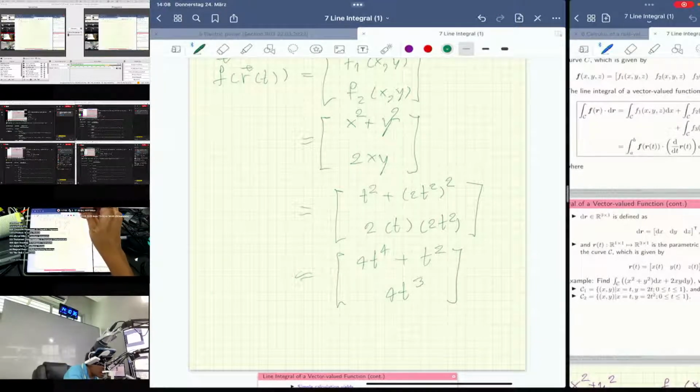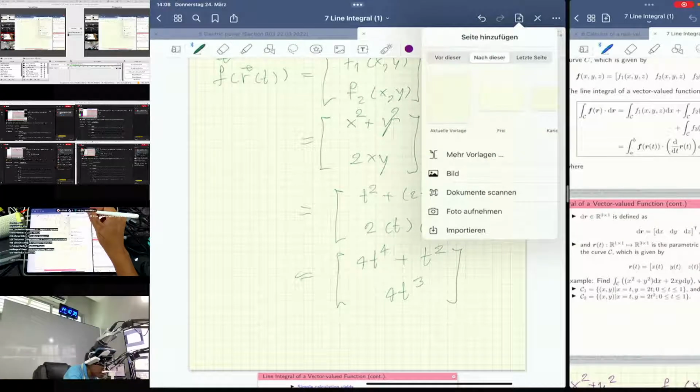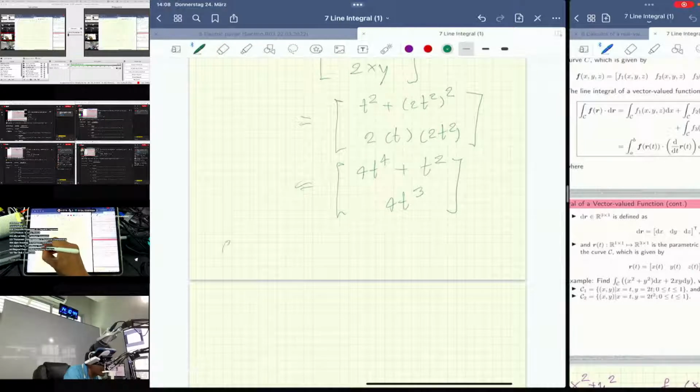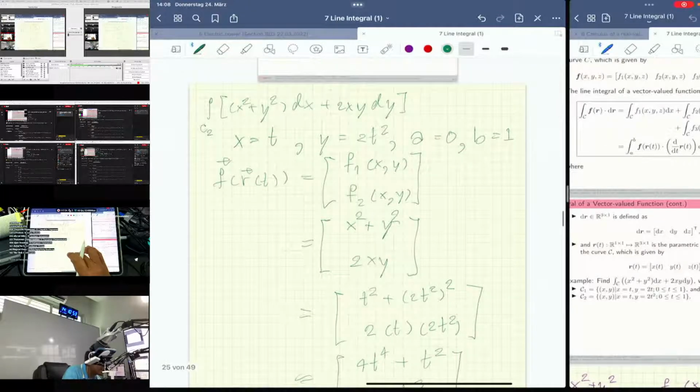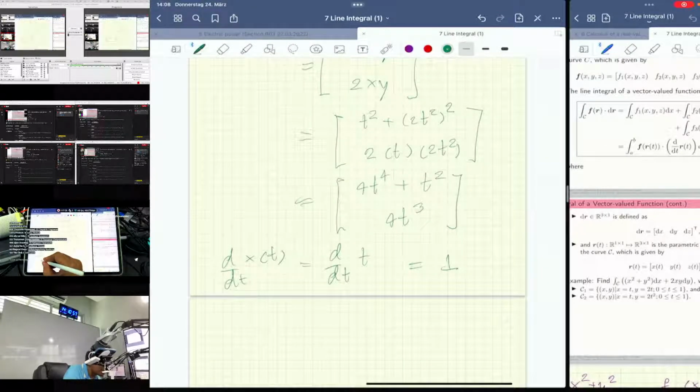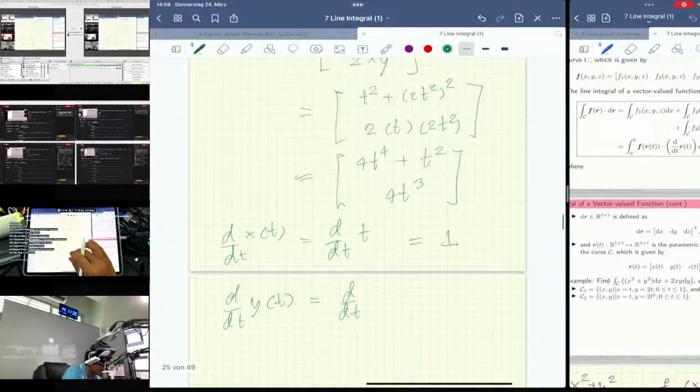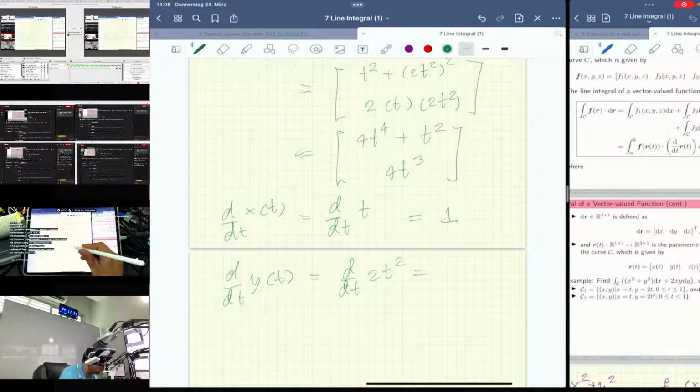And now we consider the d by dt of xt, which is d by dt of t, equal to 1. And d by dt of yt will be d by dt of 2t squared, which is 4t. All right.